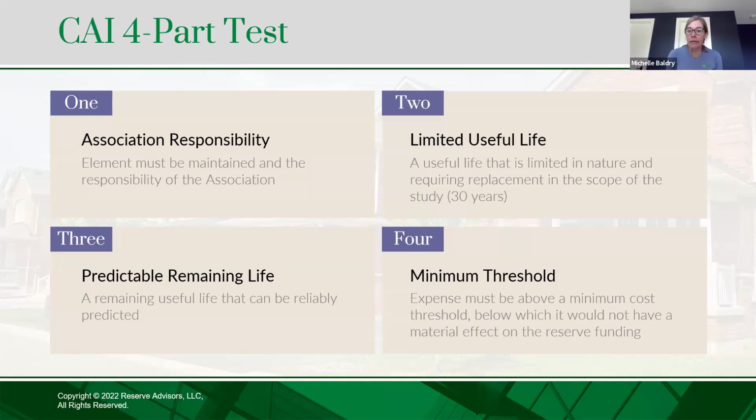If you have a pool, an example here, there certainly are going to be reserve expenses, right? You're going to have to replaster the pool, perform deck repairs. There's going to be mechanical equipment that has to be replaced, probably a perimeter fence to enclose the pool, furniture. So a lot of expenses associated with that pool. But the pool structure itself typically lasts beyond 30 years.